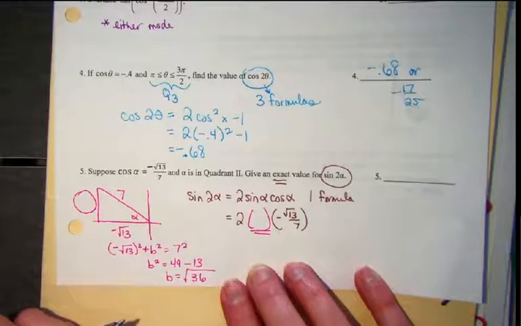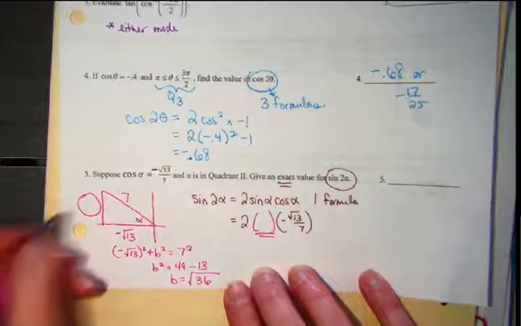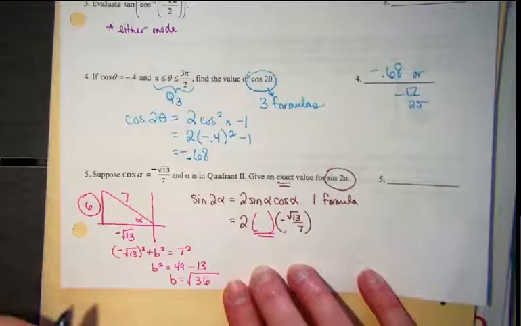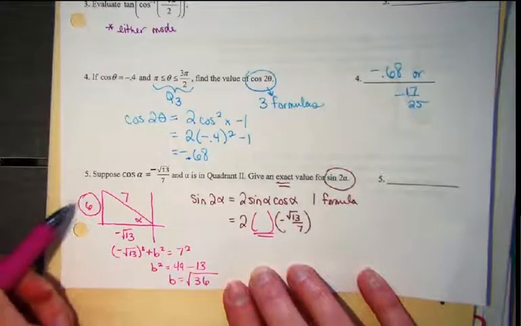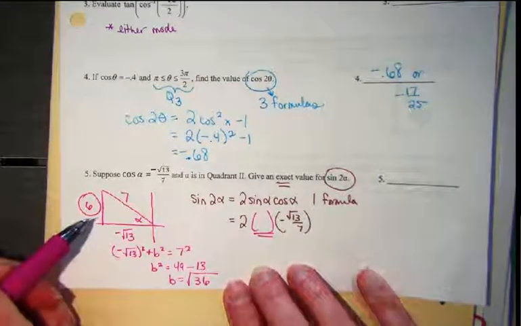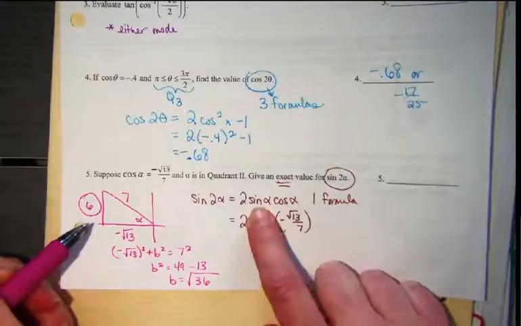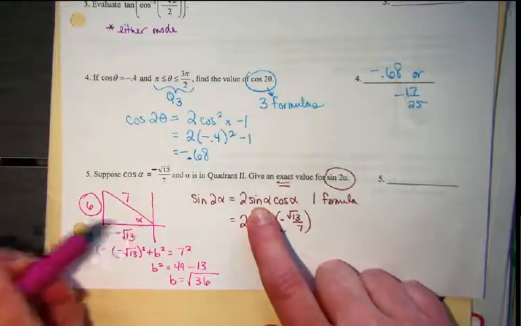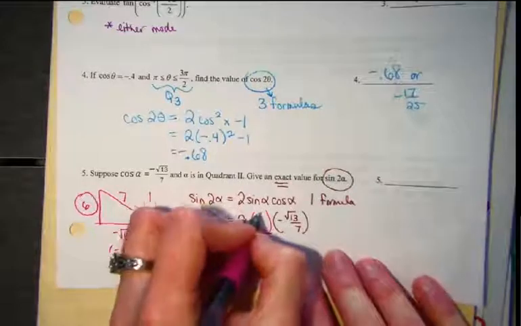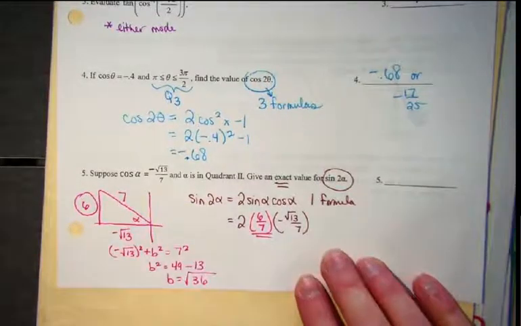And what is the length of side B? 6. Fantastic. If I find that the length of this side is 6, I'm ready to find the sine of this angle. Sine is opposite over hypotenuse, 6 over 7.